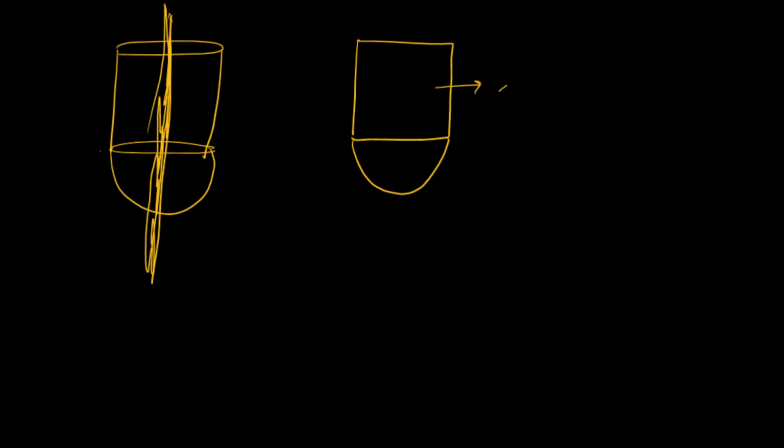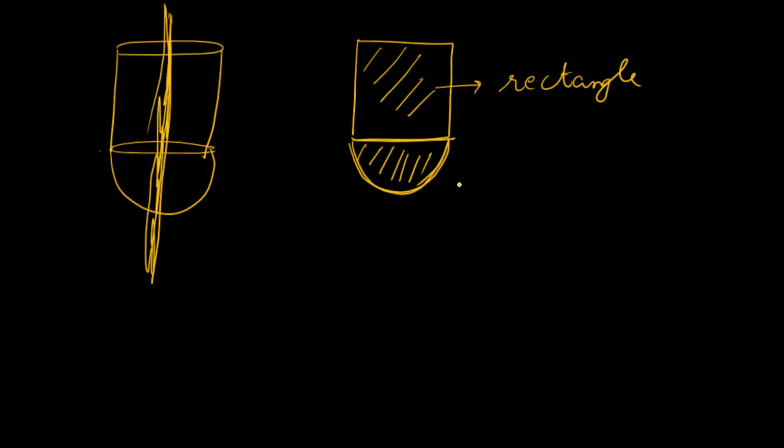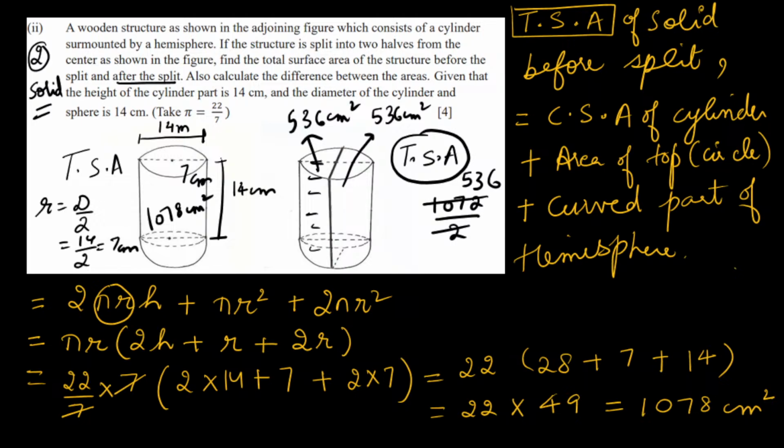So one rectangle will be there, so this surface will get added, this is one rectangle, and this is a semicircle. The curved area is 539, it's not 536.